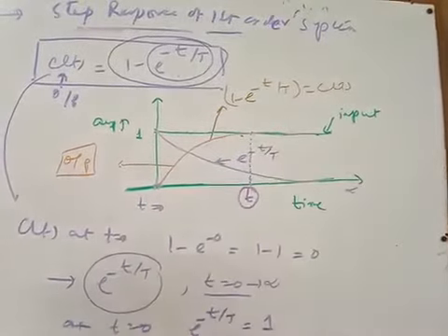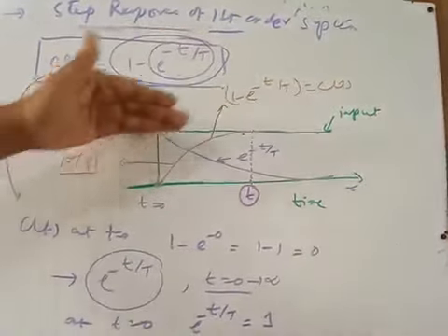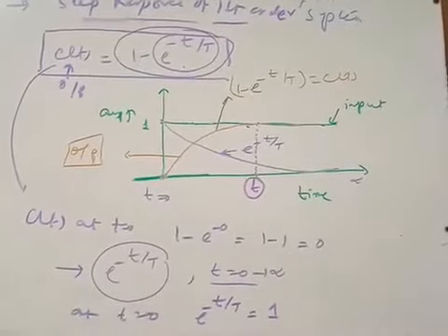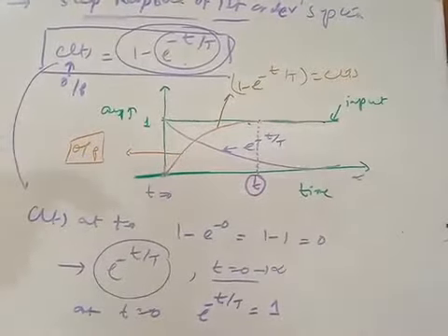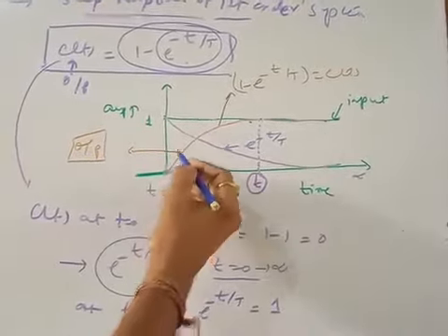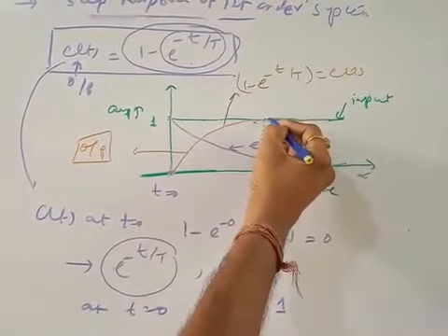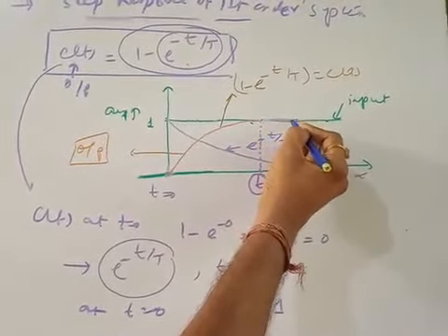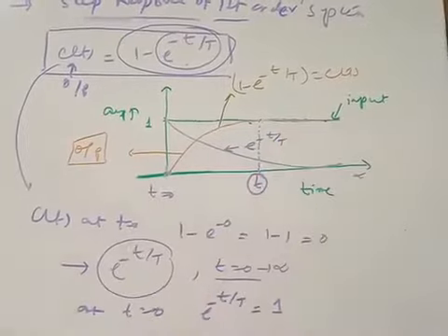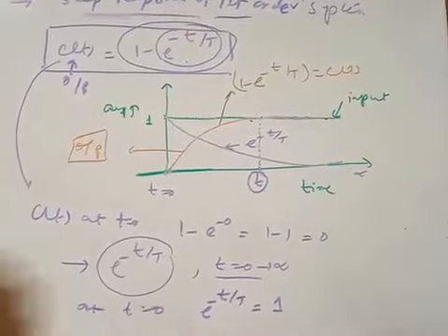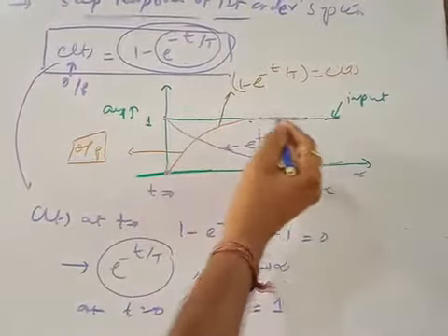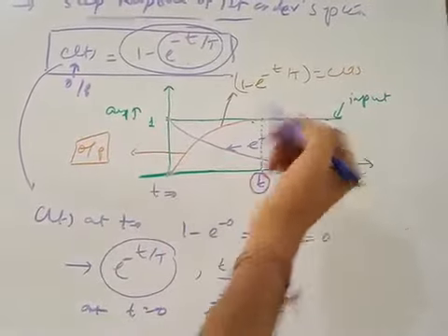That means it is trying to follow the input. So that is your control objective, that the output should follow the input. After a certain time, you see the output and input are in the same line. You see the green line and the orange line. So there is no difference between these two.